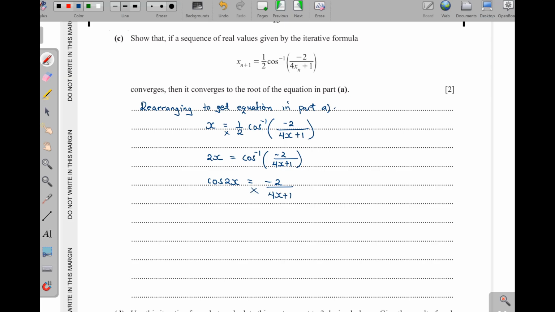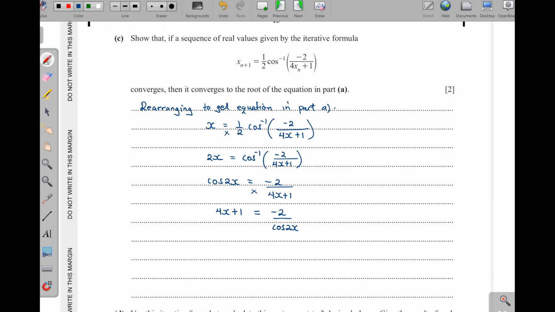Cross multiply, because remember the other one is sec, which is 1 over cos. So I can switch these ones: this one comes here, this one down here. So what shall we have? 4x plus 1 shall be equal to negative 2 over cos of 2x. You see that?